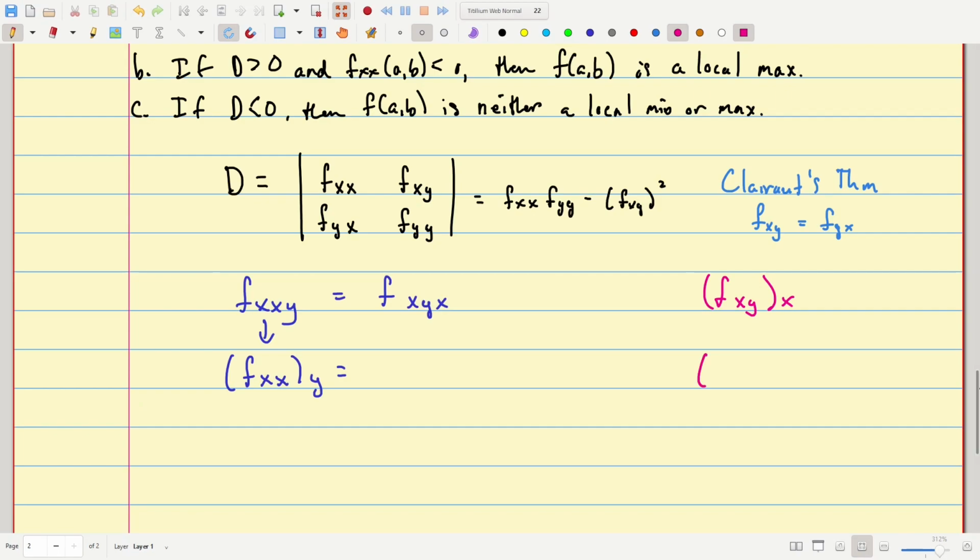Now, Clairaut's theorem says that it also has to be equal to this. I should be able to switch the first two because that's a mixed partial, right? So does it matter in what order I differentiate? I can swap as much as I need to, right? As long as I have all the same letters. Okay.